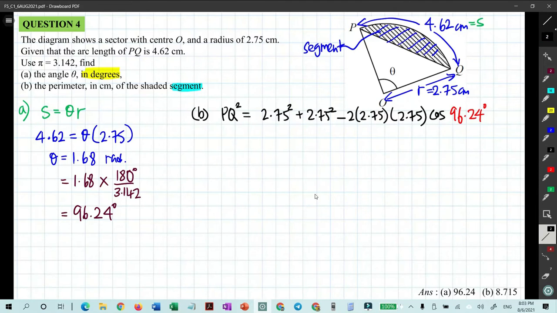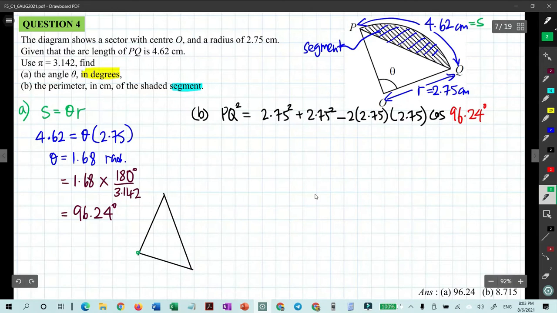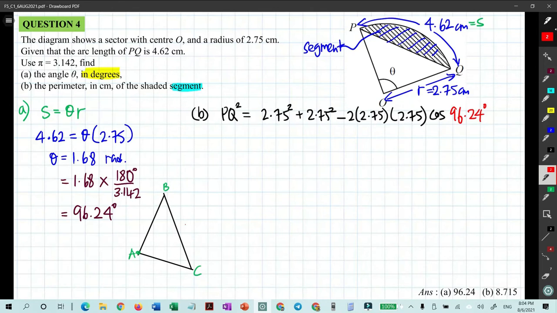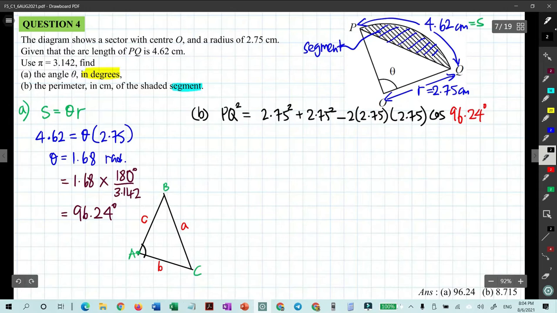This calculation is related to what you already learned in solution of triangles. If you are given a triangle like this with the vertices A, B and C, we can label this side as small a, the length of line AC can be represented by letter b, and the length of line AB can be represented with the small letter c, and the angle at A is given by A itself.